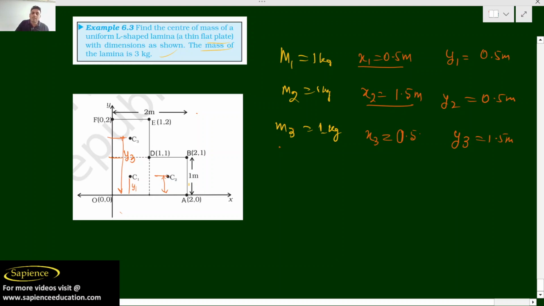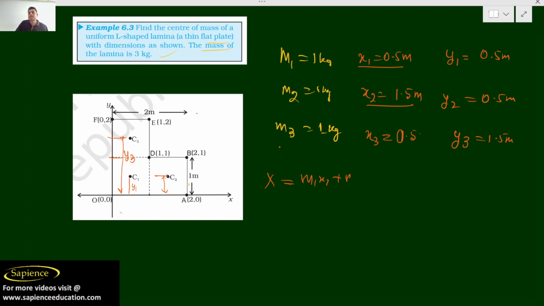So if you have got all the positions, you can now find x. x is equal to m1 x1 plus m2 x2 plus m3 x3, divided by m1 plus m2 plus m3. Since m1, m2 and m3 are each 1 kg.